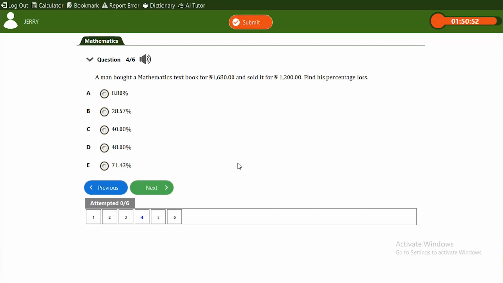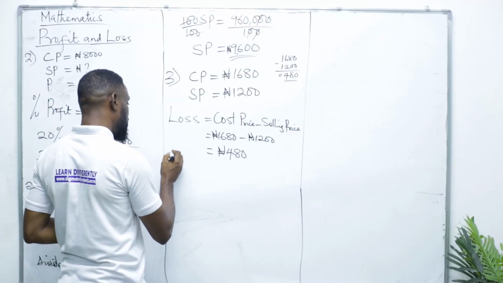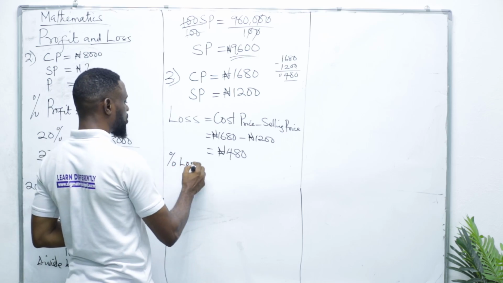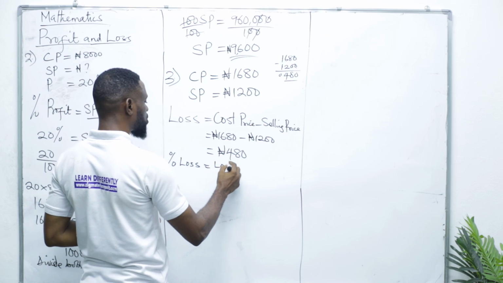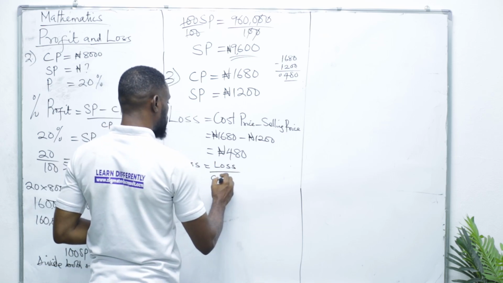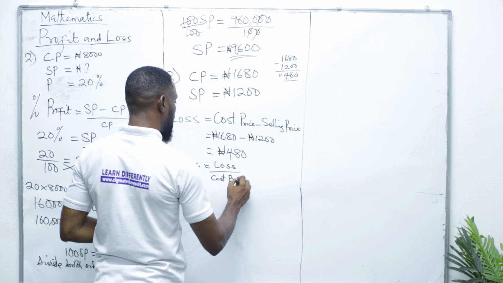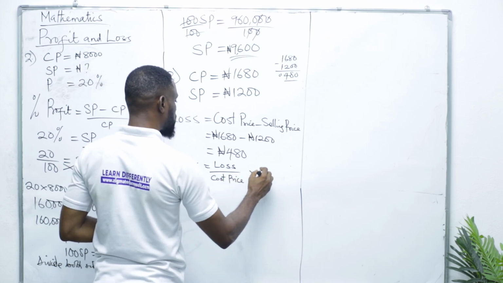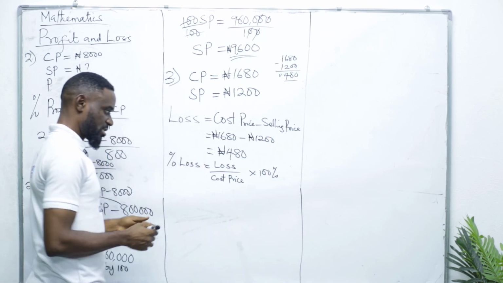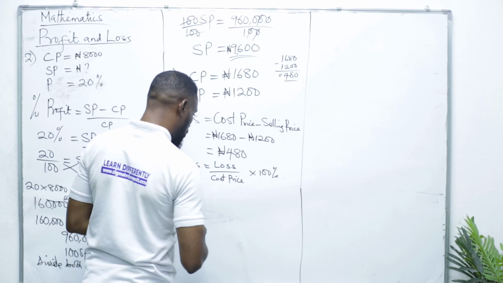So percentage loss, let me write percentage by the symbol. Percentage loss will be equal to the loss all over cost price times 100%. Is that okay? All right.